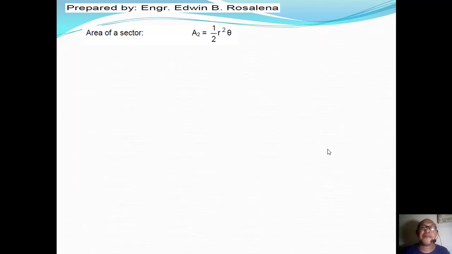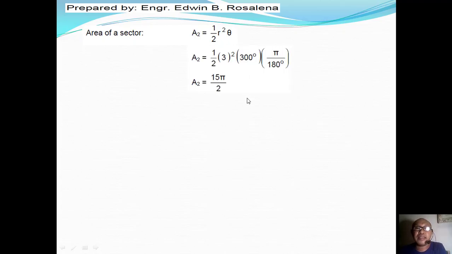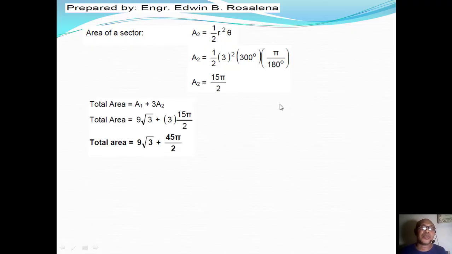So from the formula, area is equal to 1/2 r squared theta, where theta is in radian unit. So 1/2 times 3 squared times 300 times pi over 180. So that is 15 pi over 2. So the area total is equal to the area of the triangle plus three times the area of the sector. That is equal to this value.